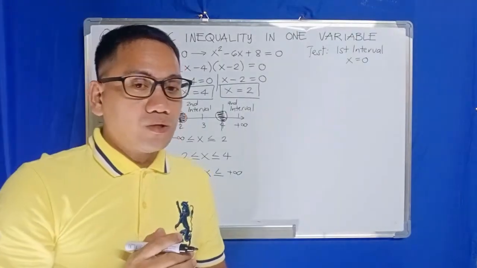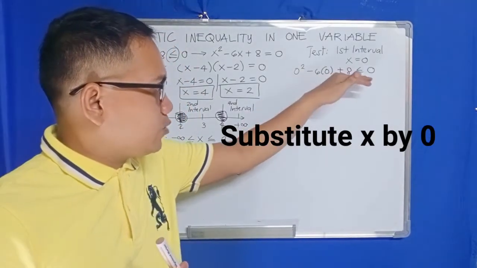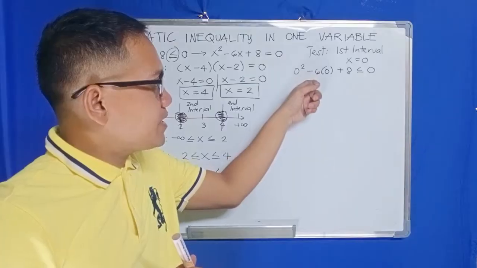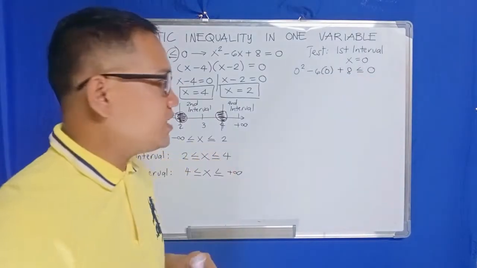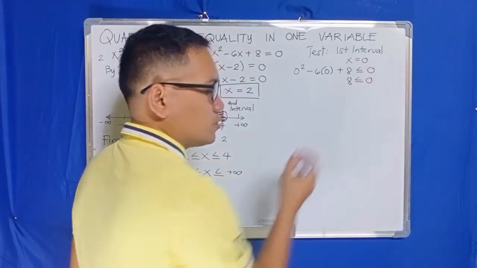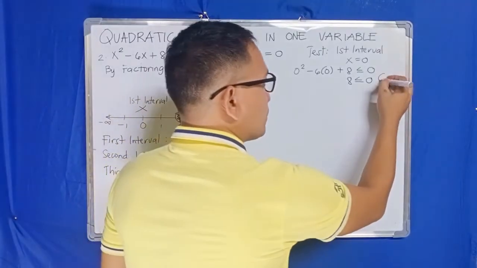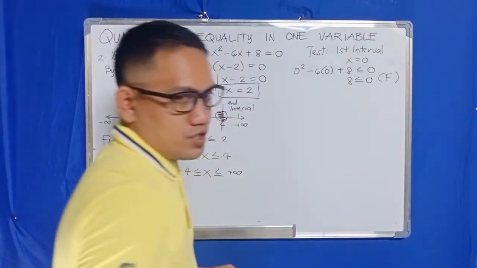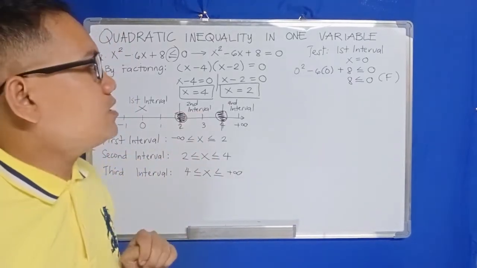Here, if x is equal to 0, substitute all x by 0 in our quadratic inequality. So we have 0 squared minus 6 times 0 plus 8 less than or equal to 0. To simplify, that leads us to 8 less than or equal to 0. The idea is considered to be a false statement. So we will label this one as false because it doesn't satisfy our quadratic inequality.